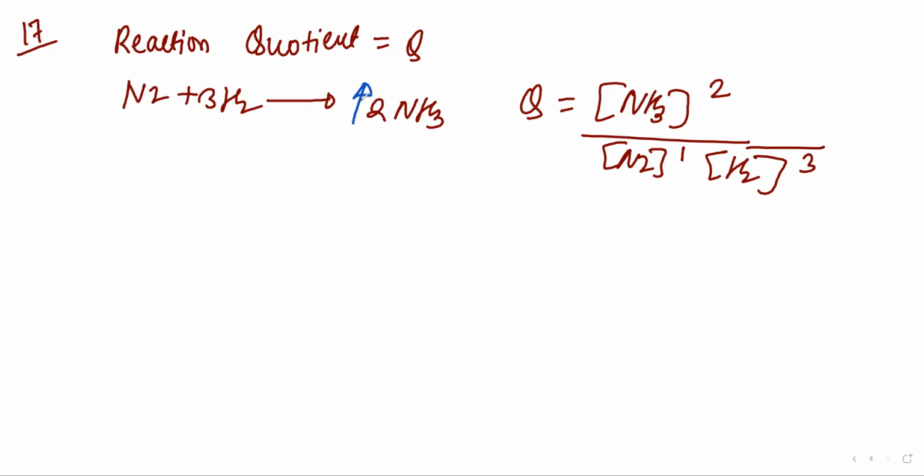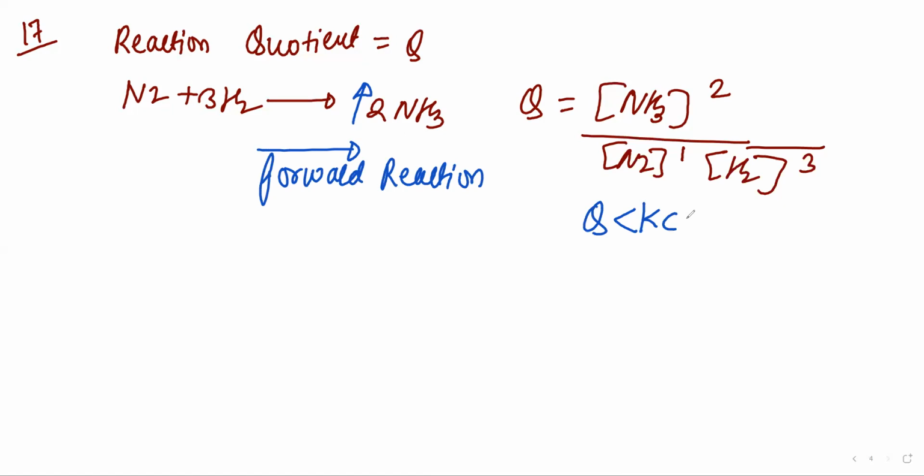So what is the relation between Qc and Kc? For any reaction to proceed in the forward direction, the reaction quotient should be less than the equilibrium constant, right? So to move forward, the reaction quotient Q should be less than the equilibrium constant.